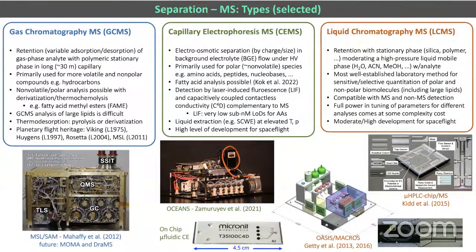LC has an incredible amount of analytical power in the lab because of your ability to tune the mobile and stationary phases and get incredibly powerful results and quantitation down to very low limits of detection for lipids and large biomolecules.